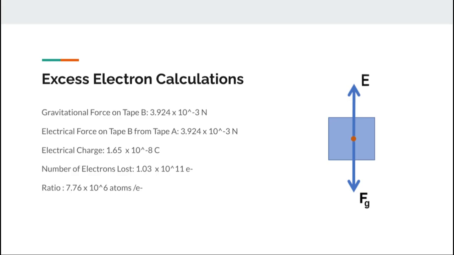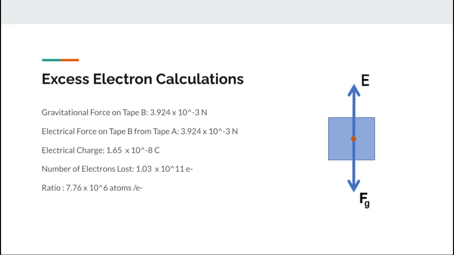The gravitational force on tape B, using the gravitational equation, we got 3.924 times 10 to the negative 3rd newtons. Because the electrical force on tape B and the gravitational force on tape B are proportional to each other in terms of magnitude, we can conclude that the electrical force is the same, just pointing in the opposite direction.